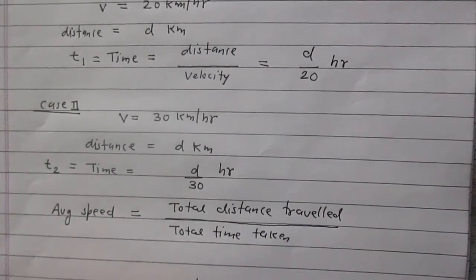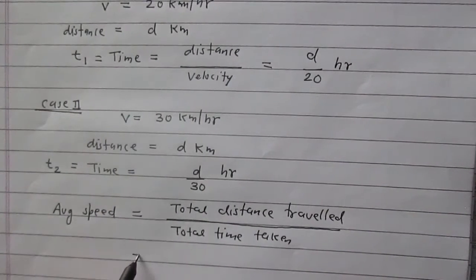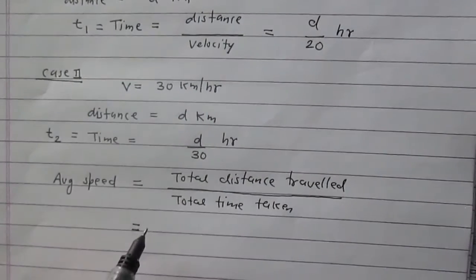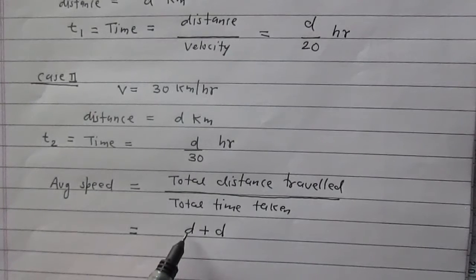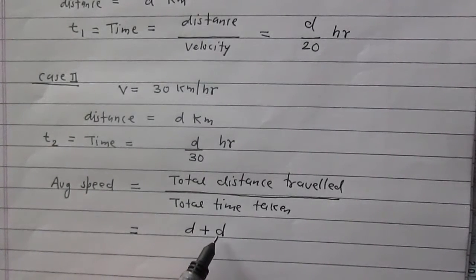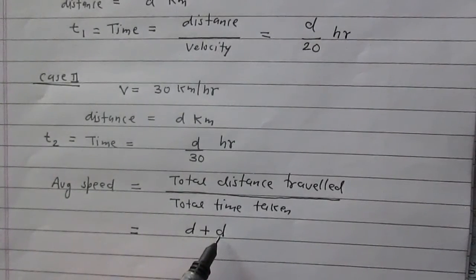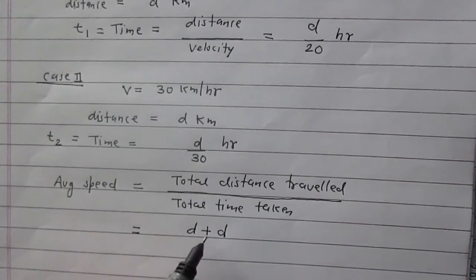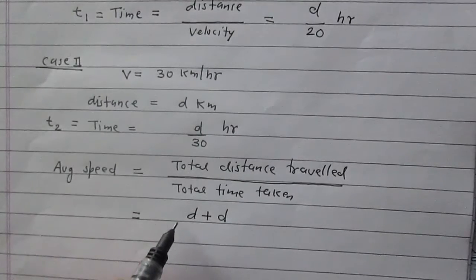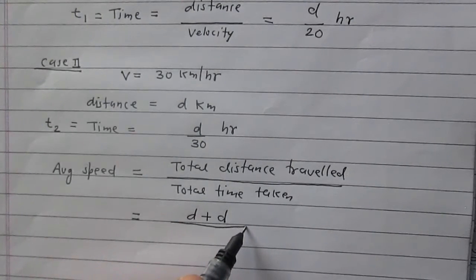We see that for the entire trip, the total distance traveled by Abdul is D plus D, while going to the school and while returning from the school. He has followed the same route, so D plus D, same distances he traveled. So D plus D is 2D.